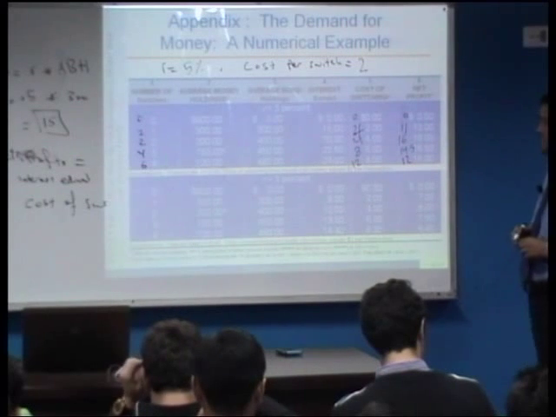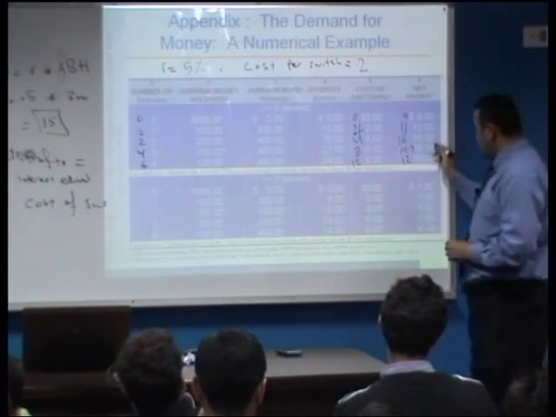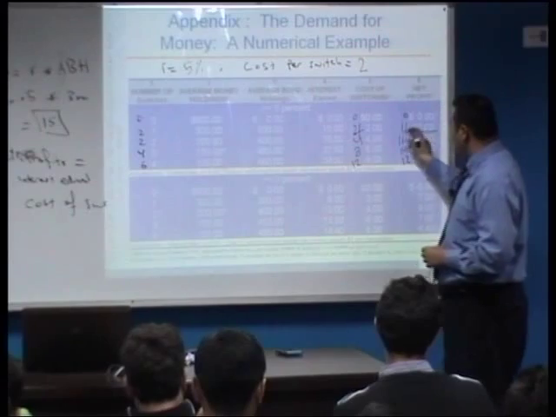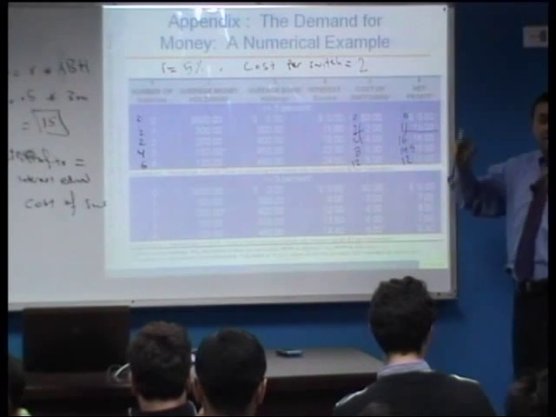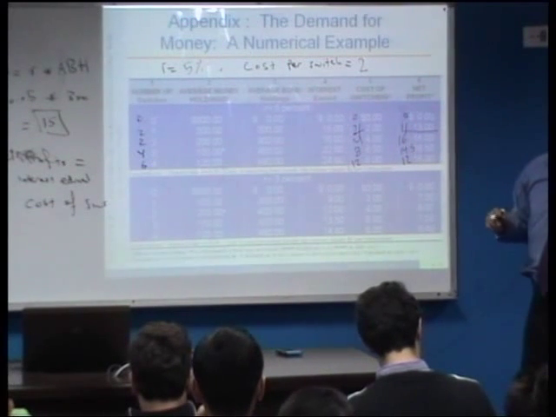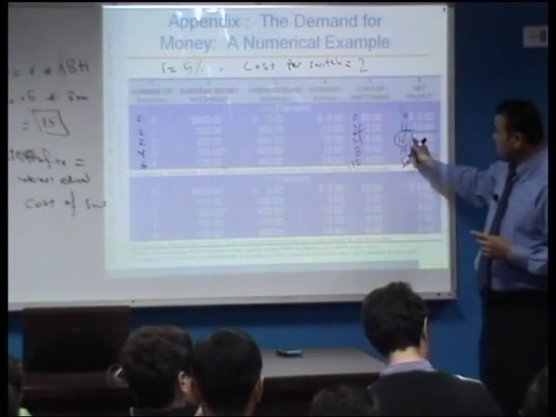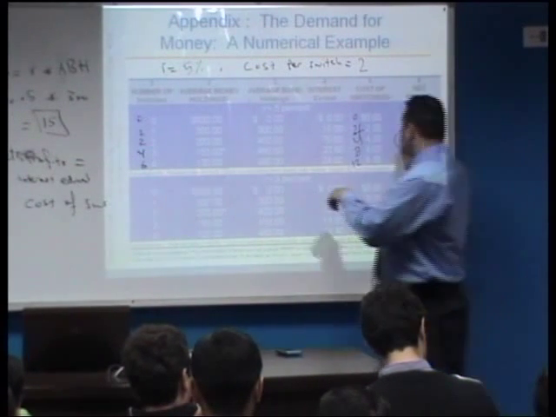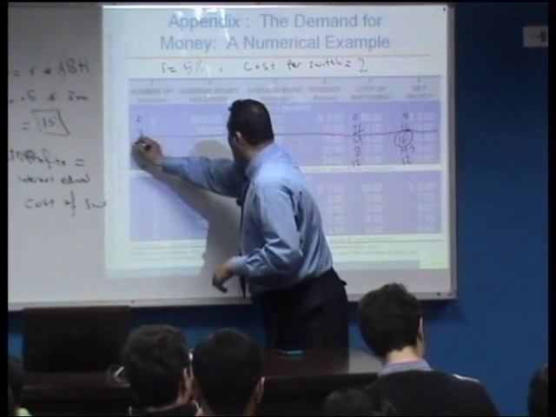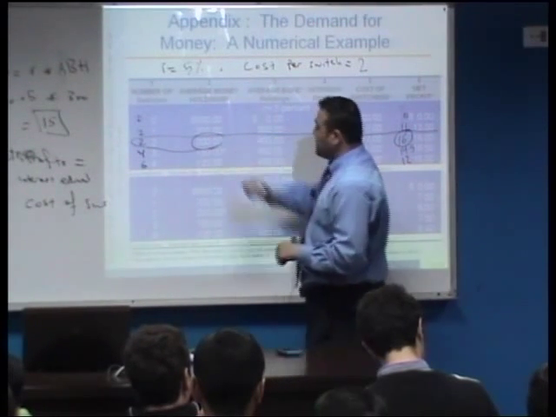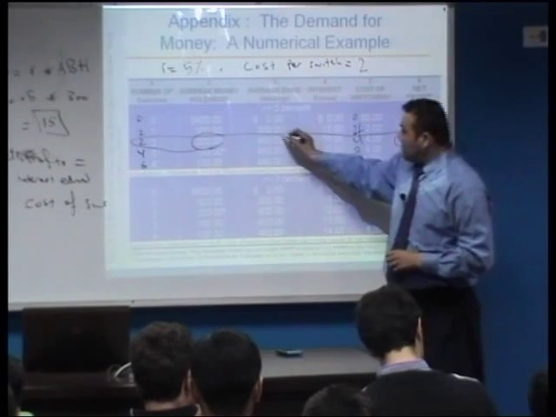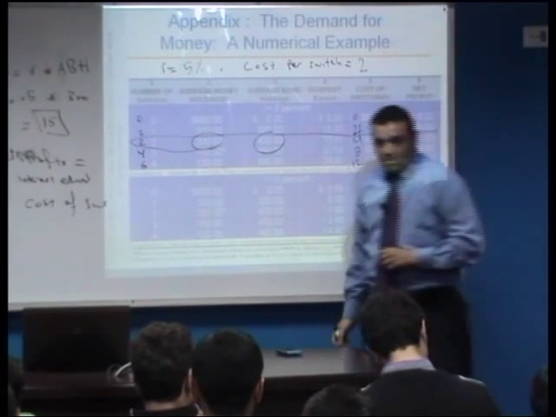So where is the new optimal balance? The new optimal balance is the one which gives the household the highest net profits. Okay? So where is the highest profit? When the household holds 200 as money and 400 as bonds.